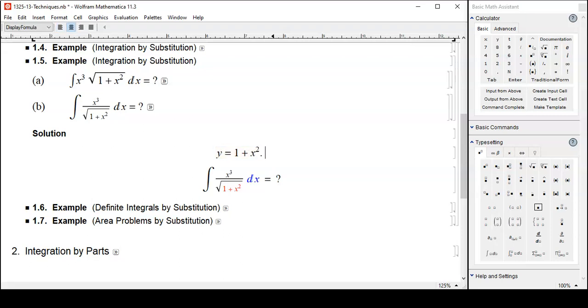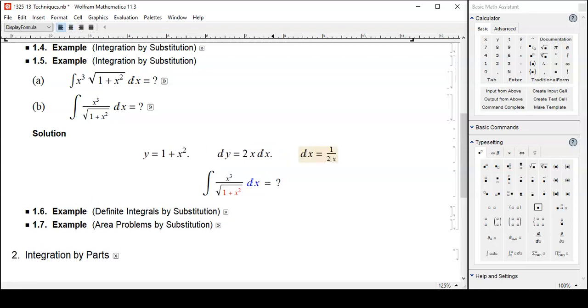Good. Derivative dy is 2x dx. Dx is 1 over 2x dy. All good? Red. And then blue. Please check. Did I do everything right? Assuming that the substitution is correct, everything is straightforward. Derivative computation and solving for dx.